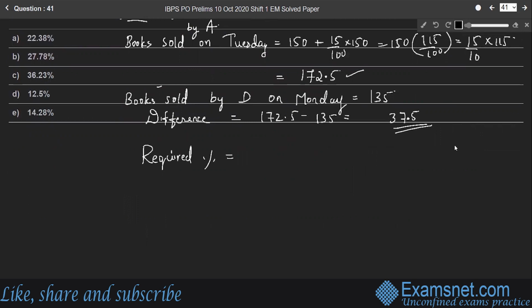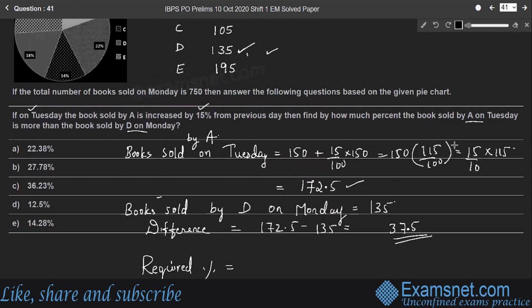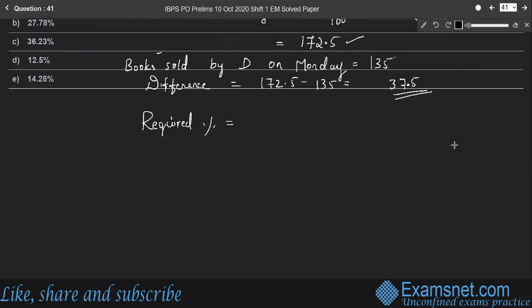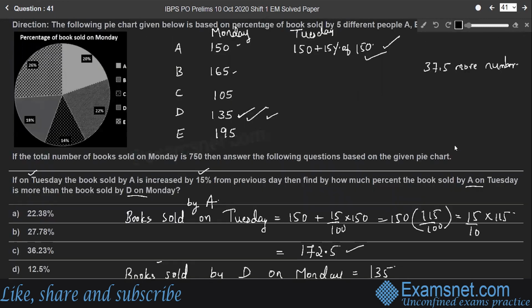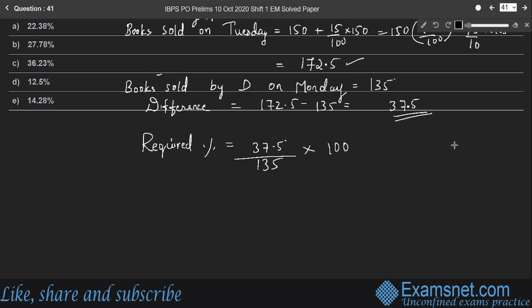so for 135, if number of books sold by D is 135, 37.5 more number of books sold by A, right? Therefore, for 100, so 5 into 7.5.